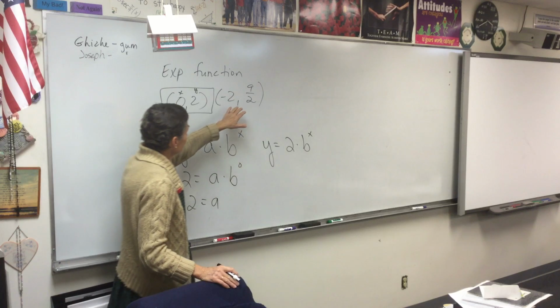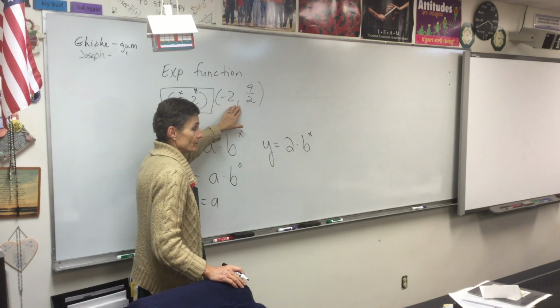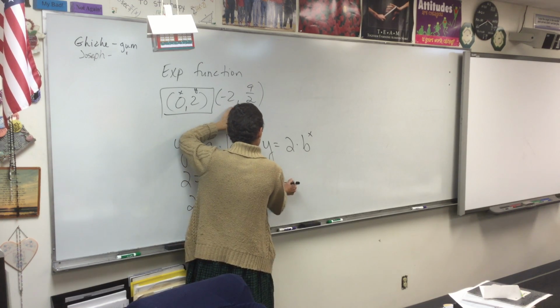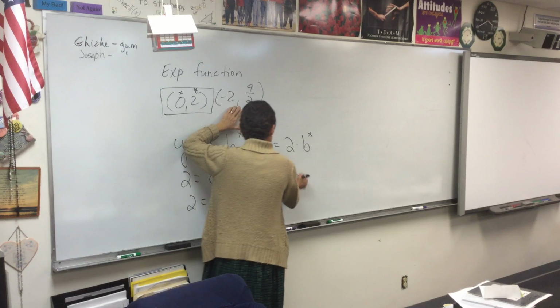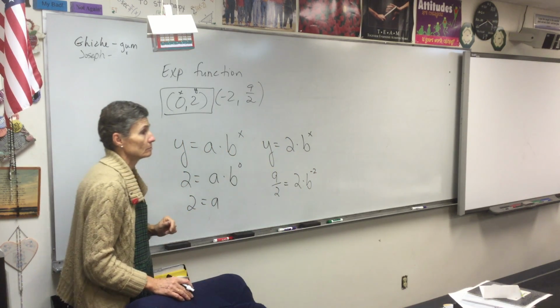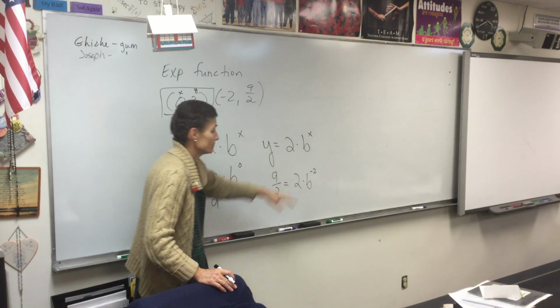Now what if I took this point now and plugged it in? So I'd have 9/2 equals 2 times b to the negative 2. A point, remember, is just an x and a y.